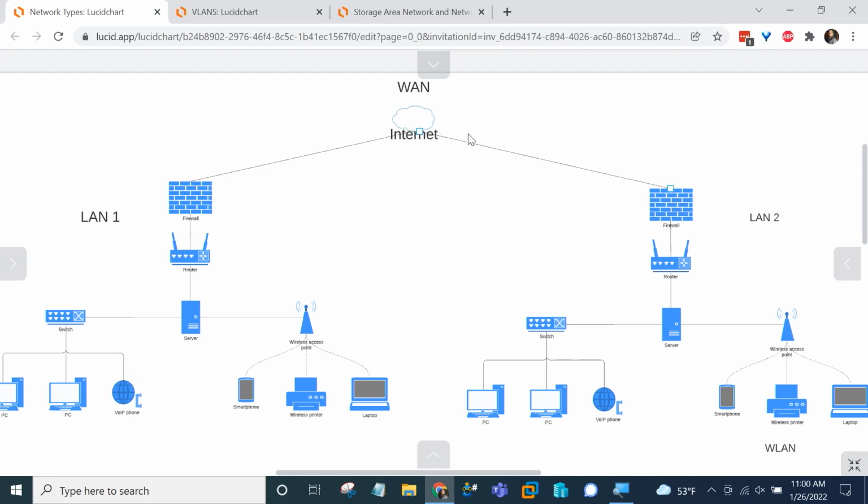And we connect them with ISP links, and the whole entire network becomes what's known as a wide area network. So 2 of the key takeaways when we're comparing LAN and WAN: a LAN is a single geographical location; a WAN is typically multiple geographical locations, and it also uses public links provided by the ISP, or your internet service provider.